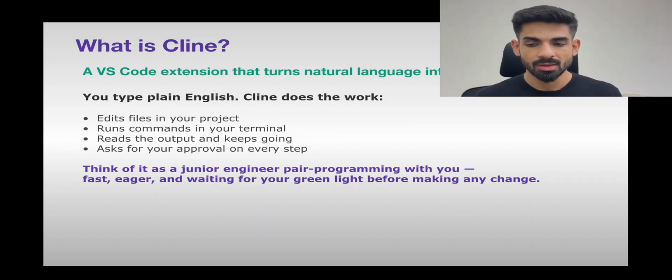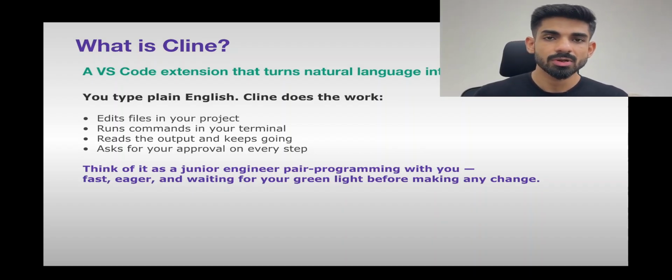With this course, we will be editing a lot of files. We will be automatically running commands in the terminal. Even if you haven't used the terminal in your life, you will see that AI will automatically run everything in the terminal for you. It will read the output, and it will keep going. It will just ask for your basic approval in order to not do anything hazardous to your laptop.